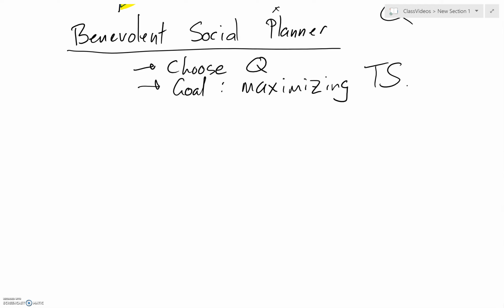instead tells producers whether they will be producing or not, and then takes what is produced and allocates it to consumers.